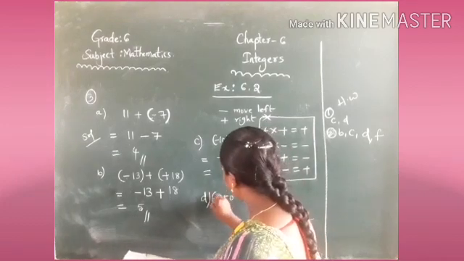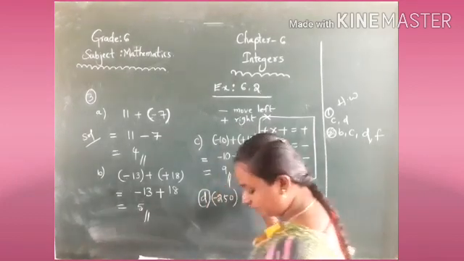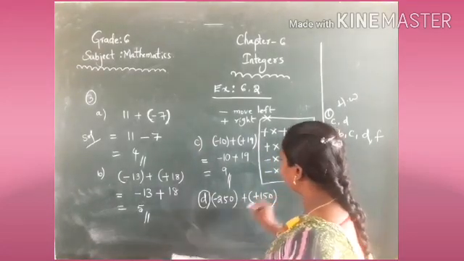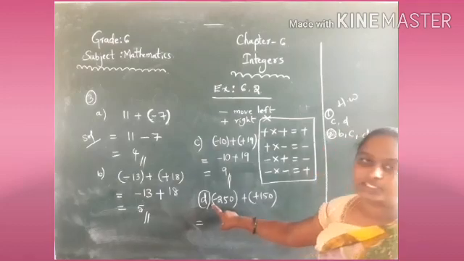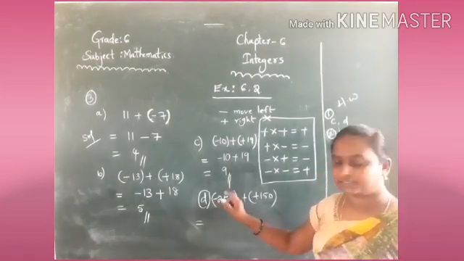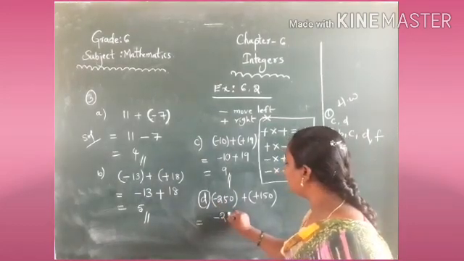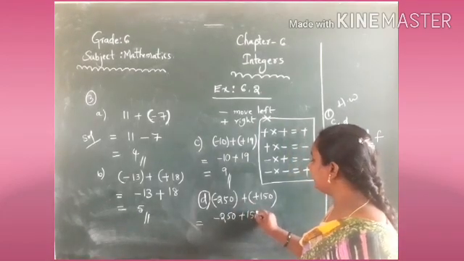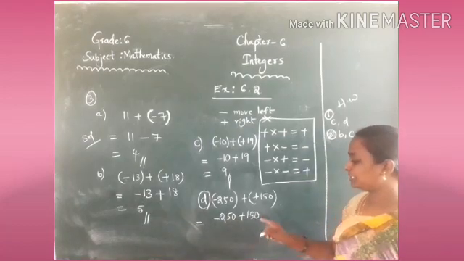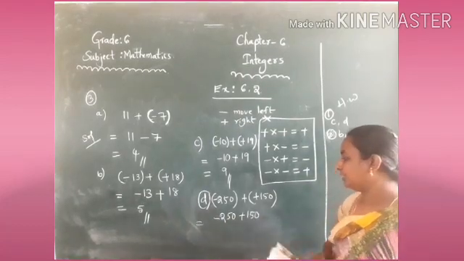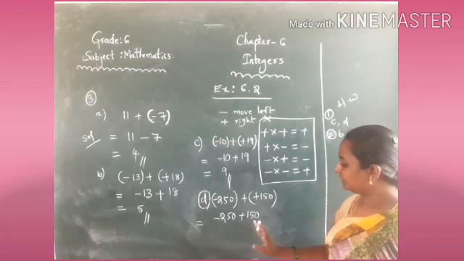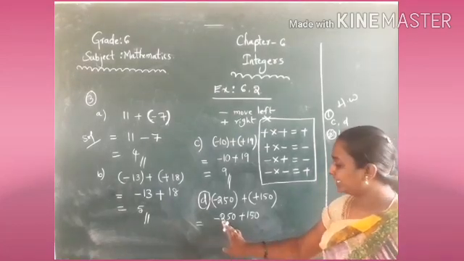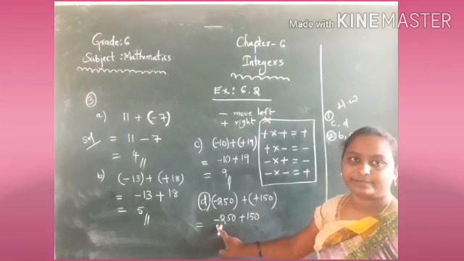Next one, D: 250 minus 250 plus of plus 150. Here, plus into minus is minus. Minus 250 plus into plus 150. So minus 250 plus 150. Here remember 250 is greater than 150. But in front of the greater integer, which sign is there?